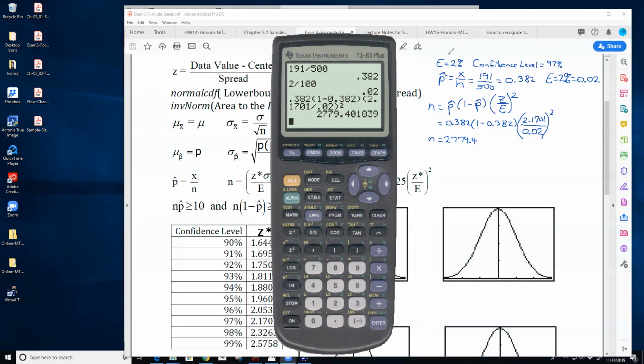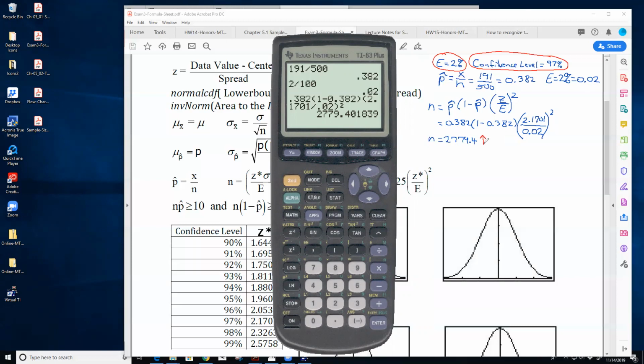We're demanding that the margin of error be this small. We're also demanding this confidence level, that it be this high. This is very demanding. This is what is making the sample size so big. So my sample size has to be at least this big or bigger.